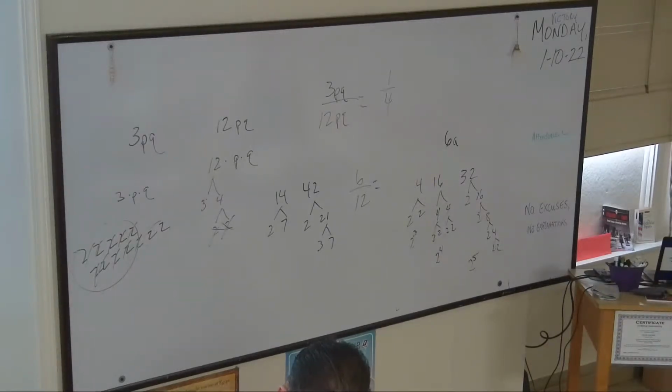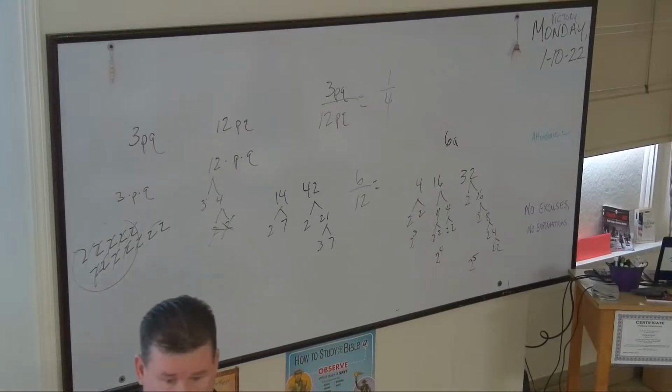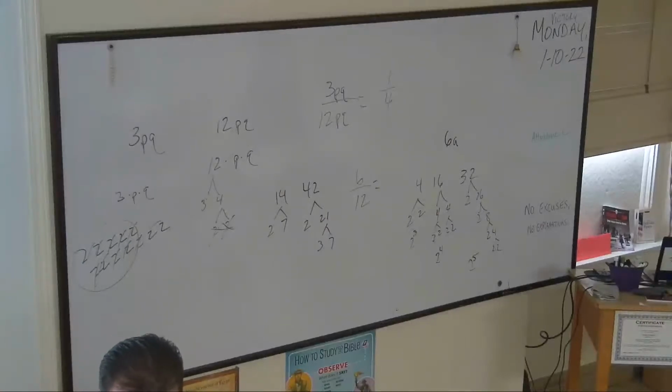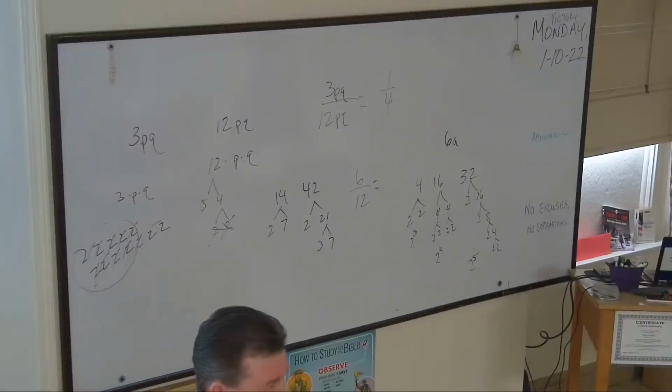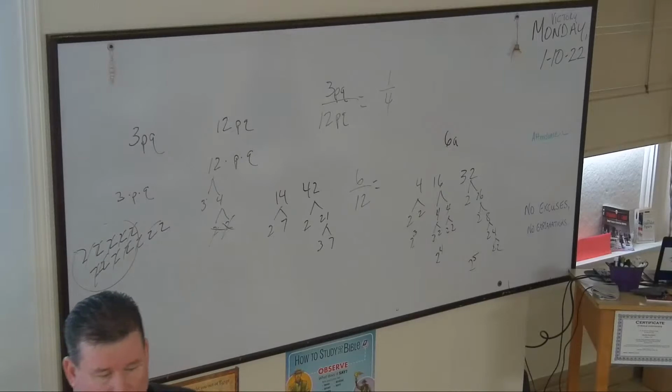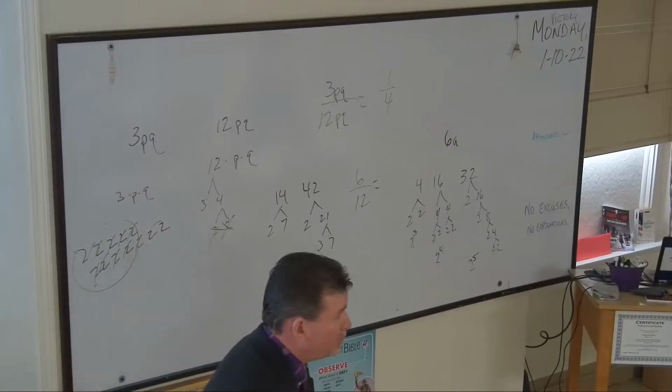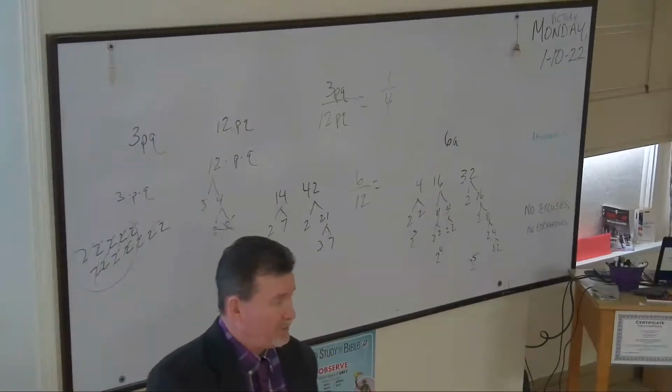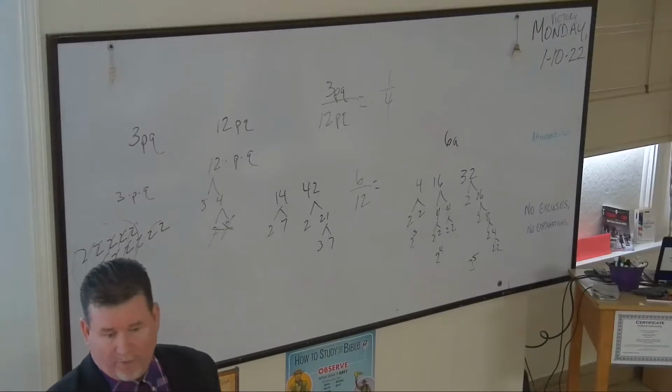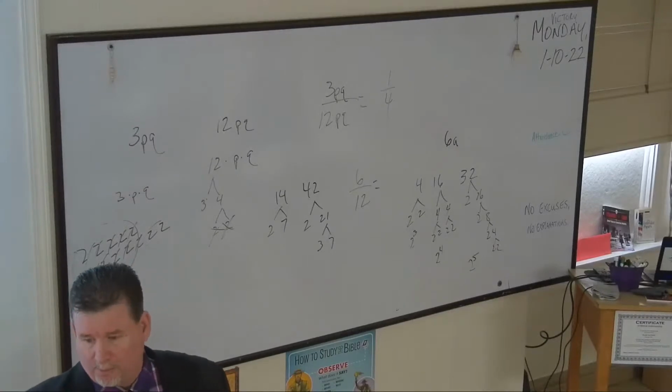Would you still put the y in? You still have y to the third? Yeah, because you have to use every factor. Right, because when it comes to least common multiple, it doesn't matter if they're uncommon. You use every factor to its highest power. When it's greatest common factor, you only use the common ones. For least common multiple, you use all of them, only to their highest power.